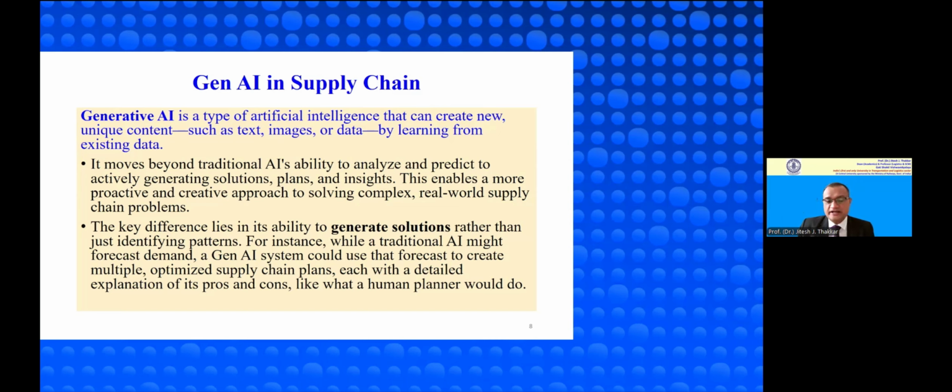Gen AI, generative AI, should use that forecast to create multiple optimized supply chain plans, each with a detailed explanation of its pros and cons, like what a human planner would do. So this is an extraordinary capability with Gen AI, and that is where it is helping the supply chain manager extensively, enabling them to take real-time decisions for the complex situation in a more rational and realistic manner.